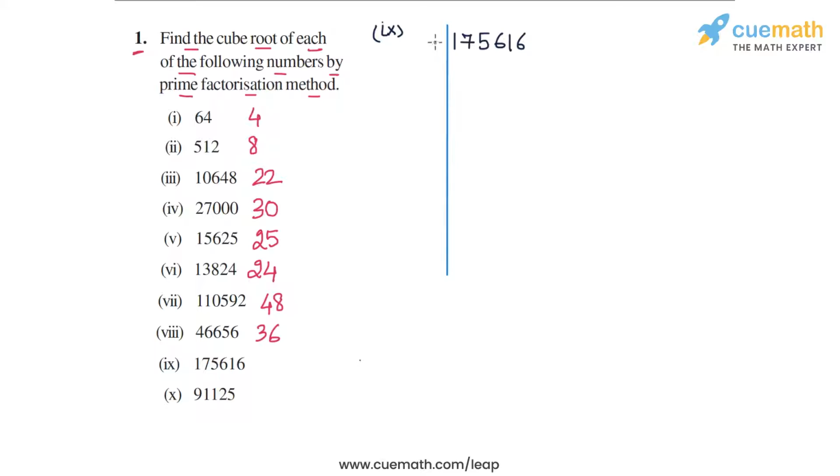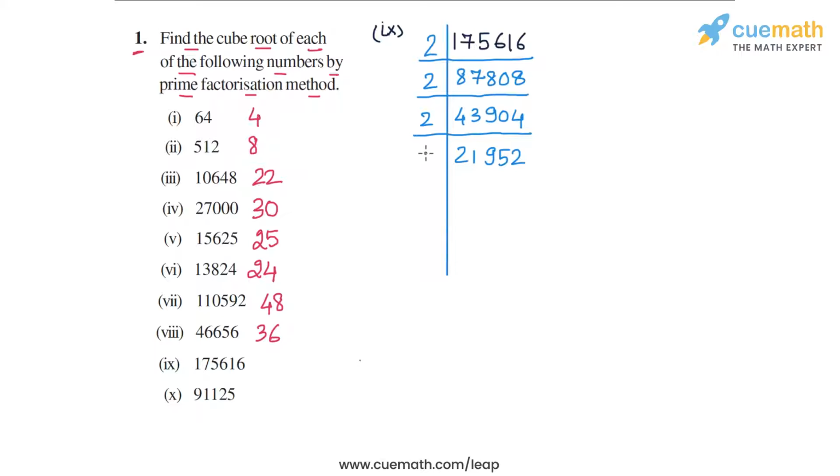So this number is even, so we divide it by 2, and this will give us 87,808. This is still even, so we take out another 2, and that will give us 43,904. This is even again, so we take out a 2 again, and that will give us 21,952.